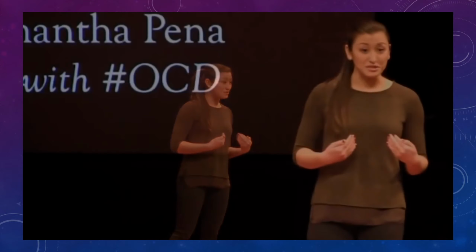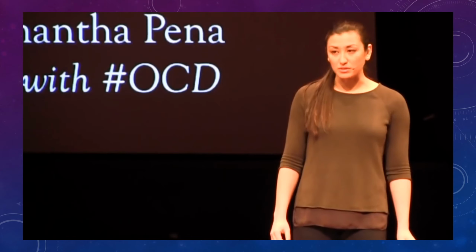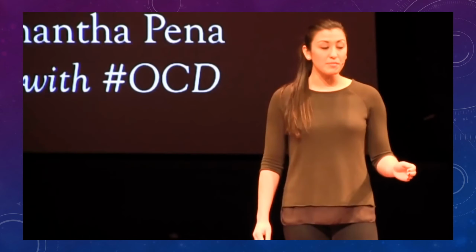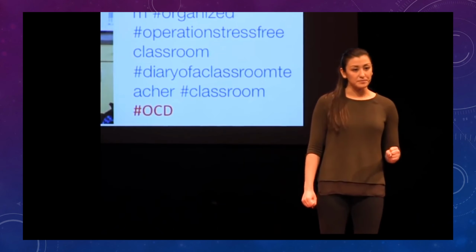Just like younger Samantha, who was clearly unaware of her disorder, society often misinterprets the true meaning of OCD. I have searched the hashtag OCD on Instagram, and here are just a few examples of what you can find. OCD is an organized closet.